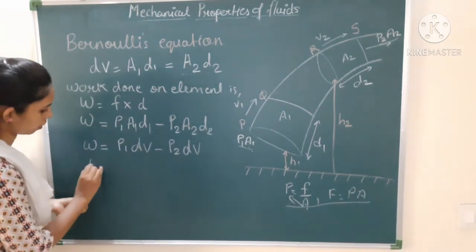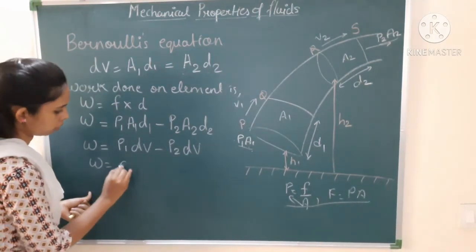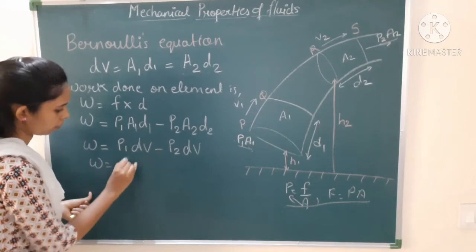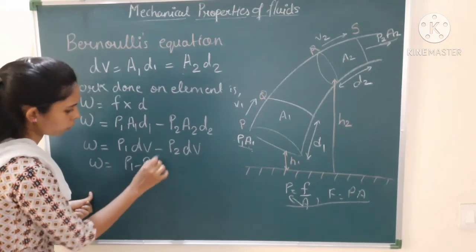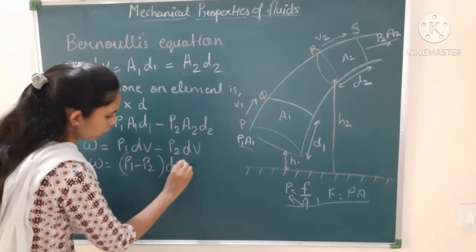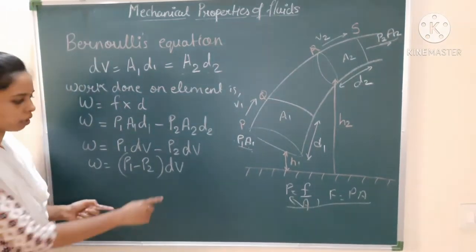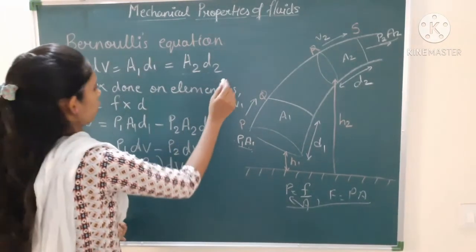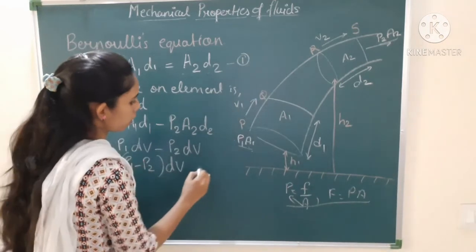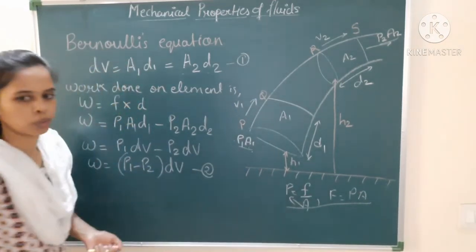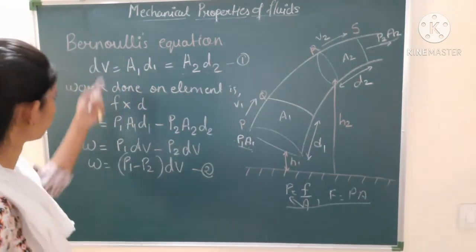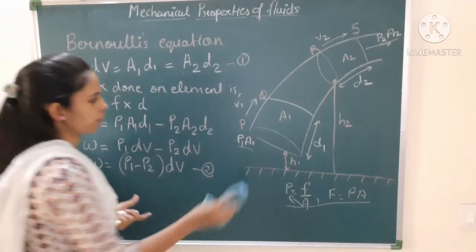This can be written as (P1 minus P2) into dV. Okay, so here we have found the first equation. Let us say that this is equation number 1, this is equation number 2. I think till here you have understood how we have found the work done.